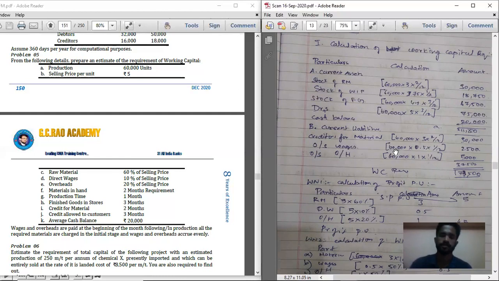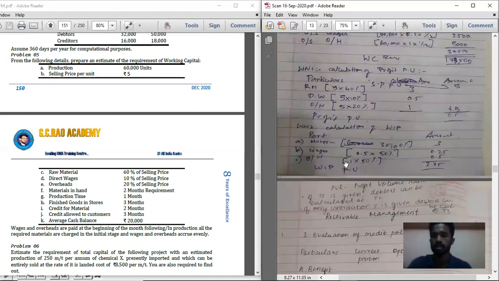Below that, outstanding overheads. How much is the overhead cost? We calculated overheads as 1 rupee per unit.